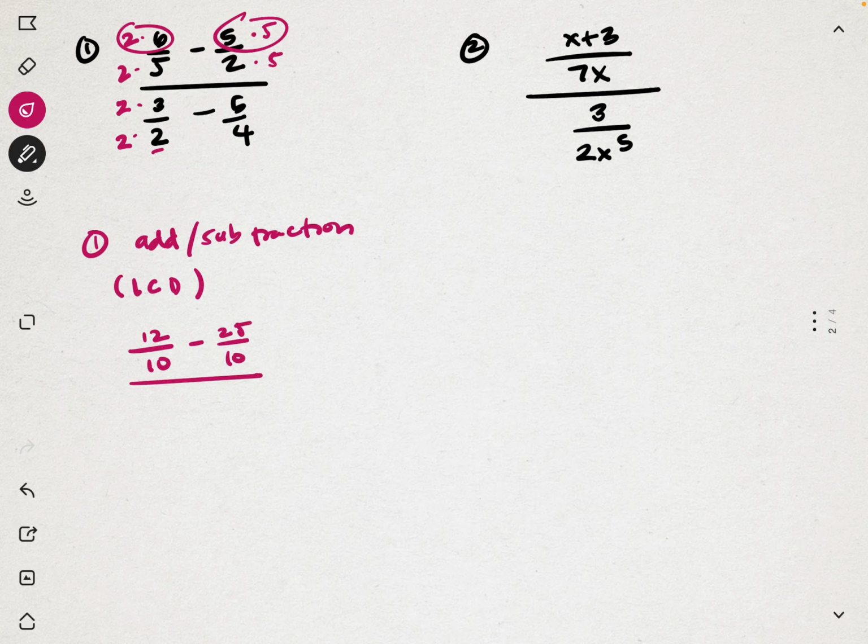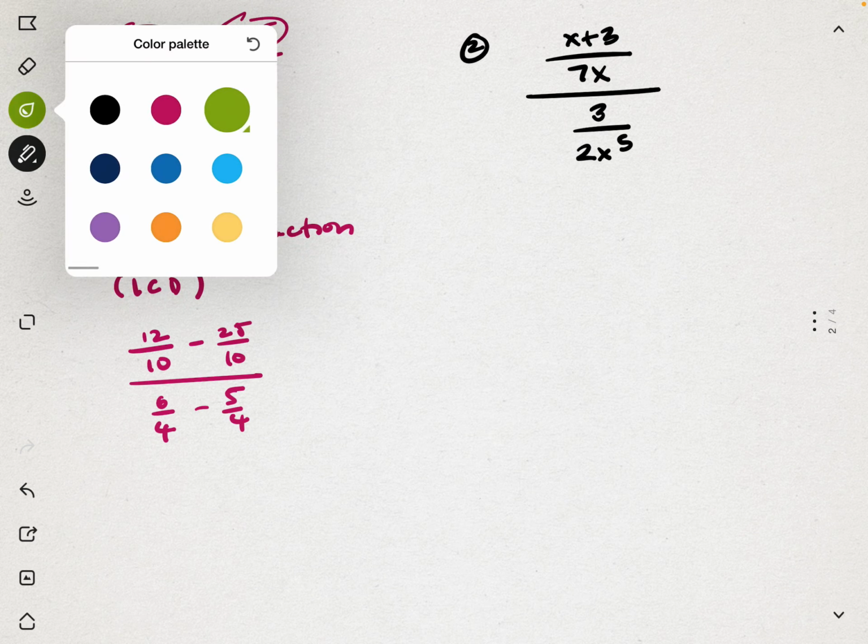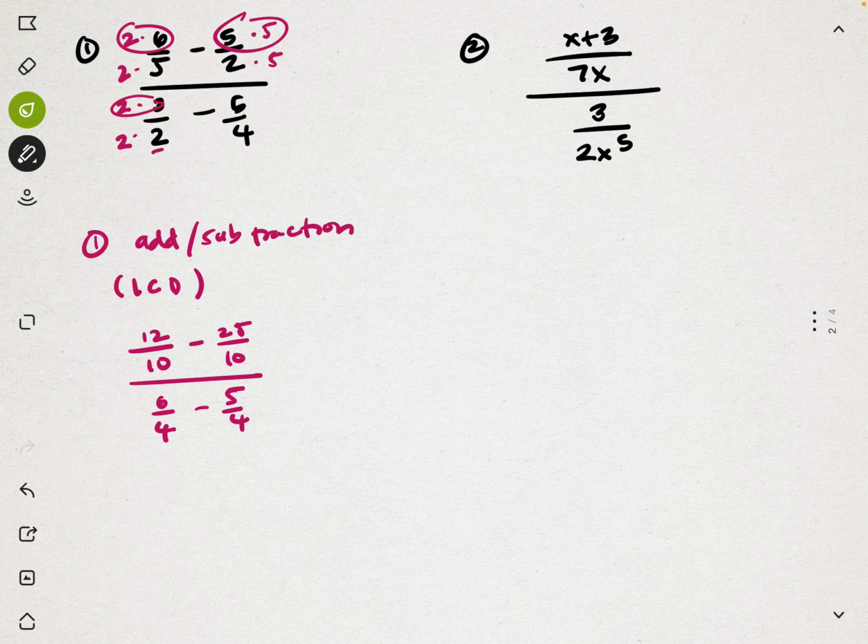And then here we're going to have 2 times 3 is 6 over 4, minus 5 over 4. So then let's subtract now that we have the common denominator.